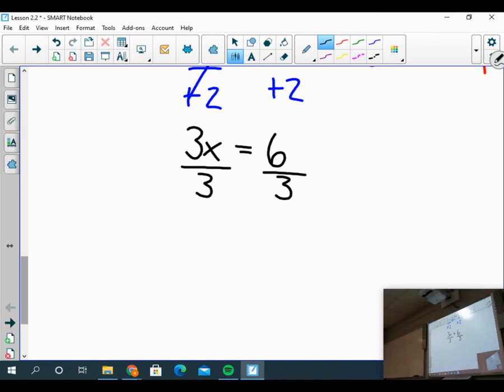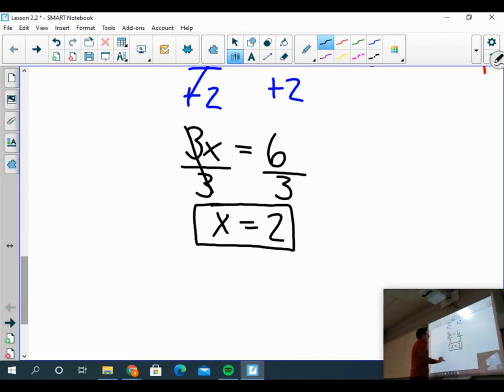So I divide both sides by 3, and again, as I just showed you, the 3s will cancel. 6 divided by 3 is 2. And so now, by dividing by 3, the x is by itself, and according to my equation, x should equal 2. Now, if you think back to the last video, how did we check our work?